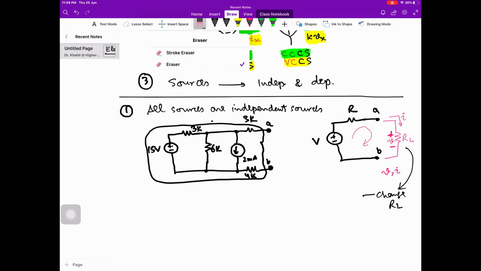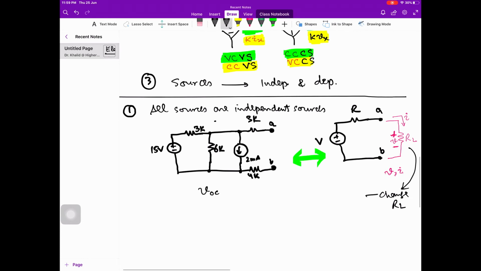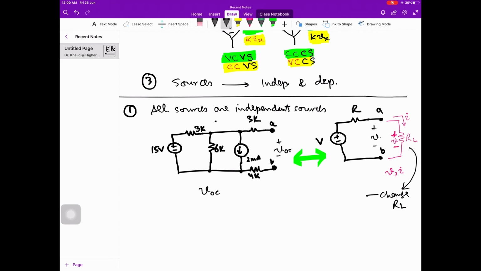Now, how to find the equivalent? In finding equivalence, we will see the V open circuit, which appears over here, must be equal to the V open circuit of this.